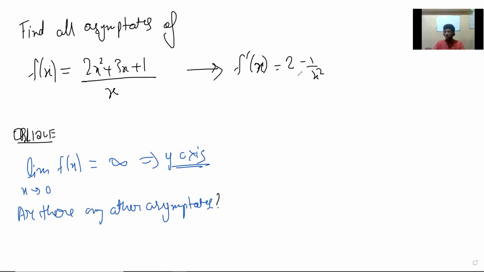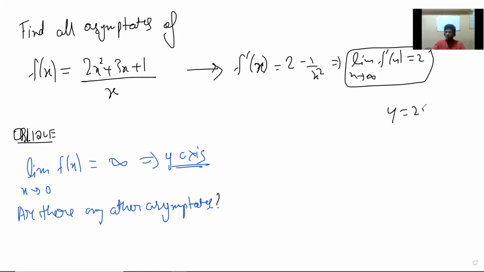So this is the slope at the point x of the function. You're saying you take the limit of the derivative as x goes to infinity, and this is 2, right? Is that what you're trying to say? And then any asymptote should be of the form y equal to 2x plus c.